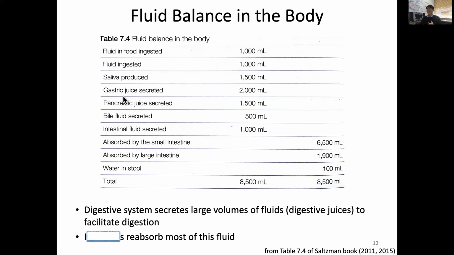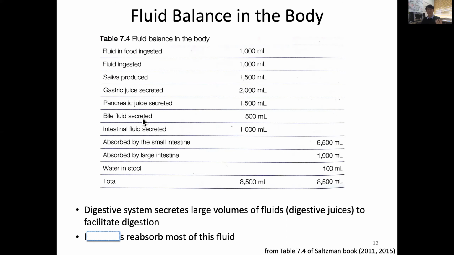And also gastric juice inside our stomach: even 2 liters of juice are produced inside our stomach. And how about the pancreas? Wow, pancreatic juice is 1.5 liters secreted into our duodenum. And when you talk about the liver, there's bile fluid.